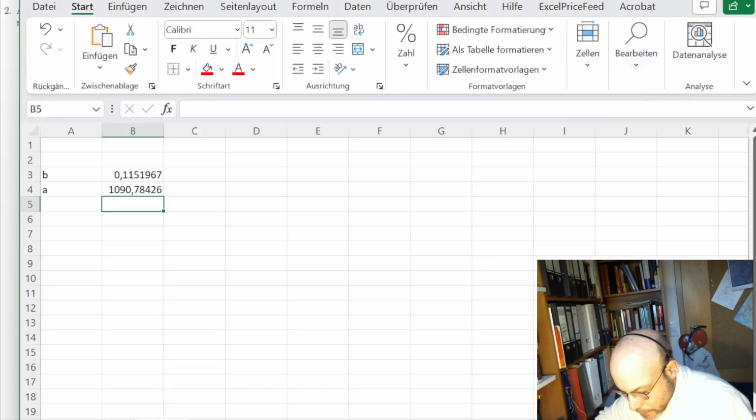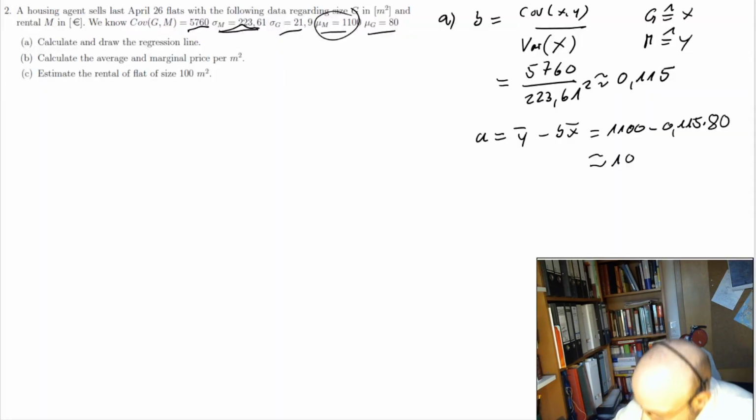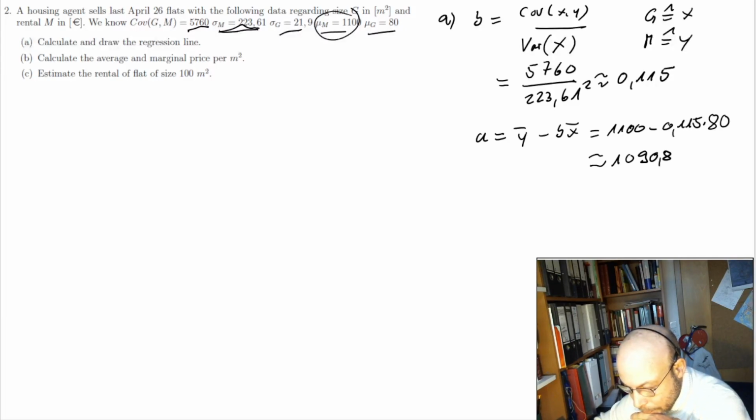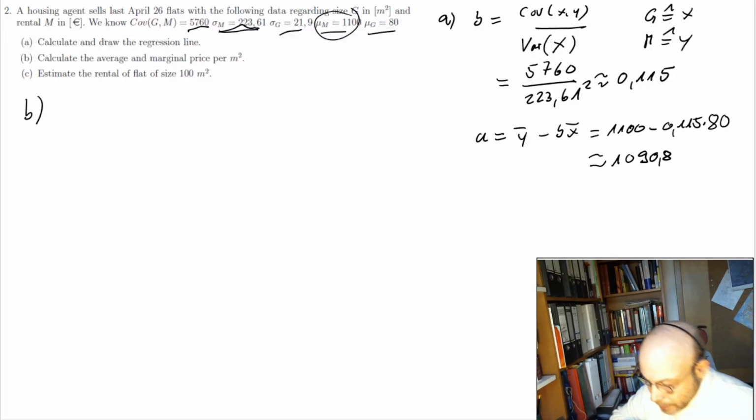And what do we have? 90.8. So B, what is the marginal price per square meter?